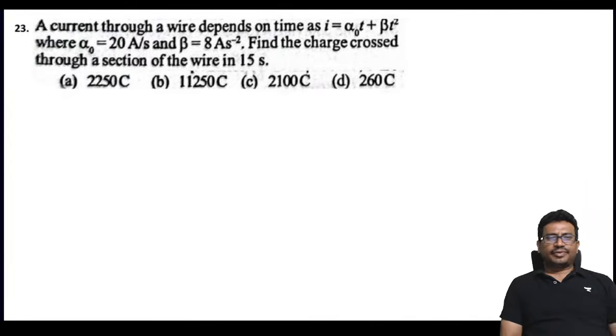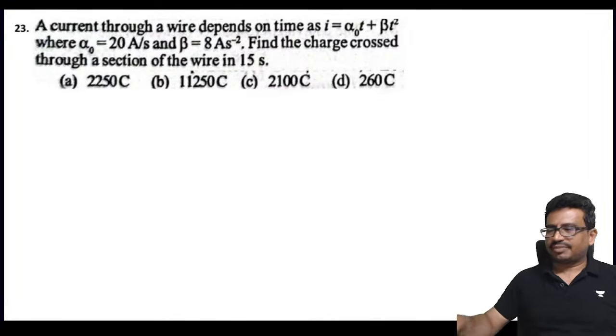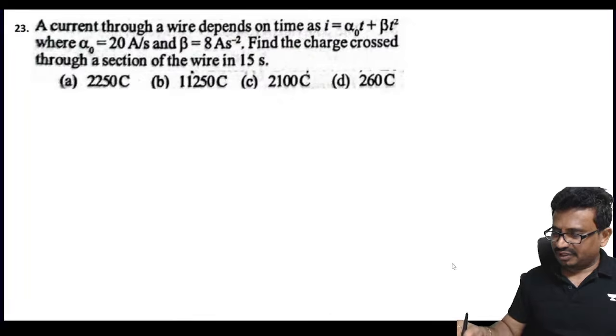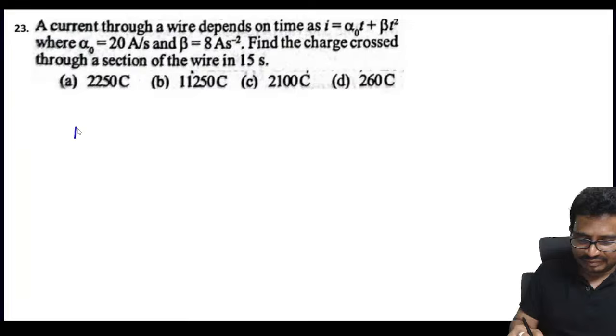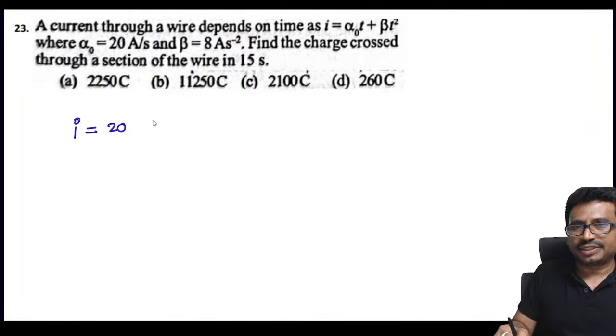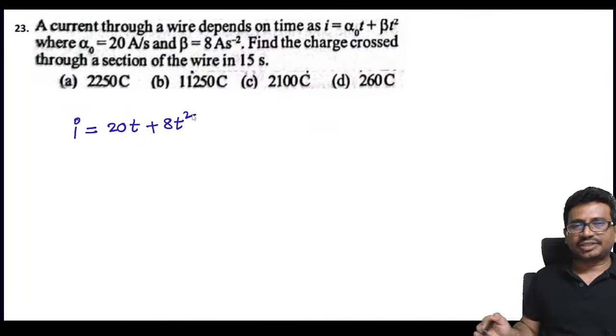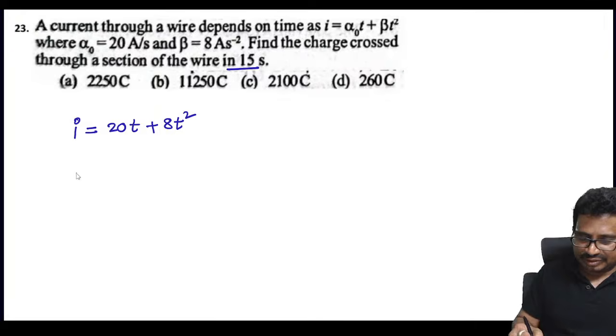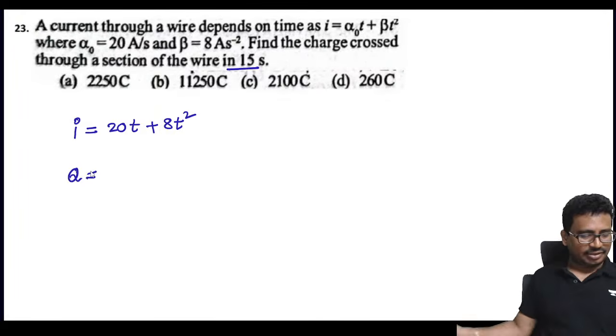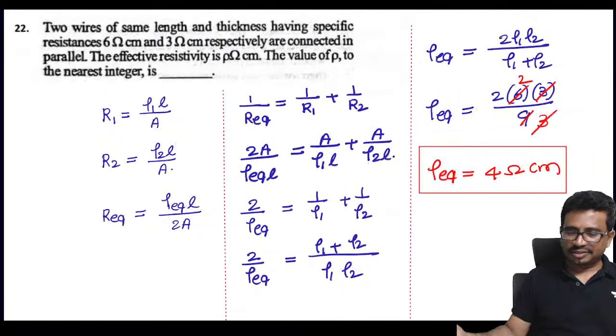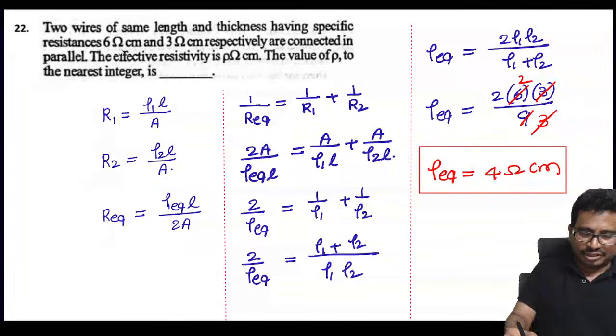Next. A current through a wire depends on time as given. They gave the current through the wire: I is given as 20t plus 8t square. They ask to find the charge for 15 seconds. So that means charge is given as... Regarding the previous question, these are ohm into centimeter, specific resistance.